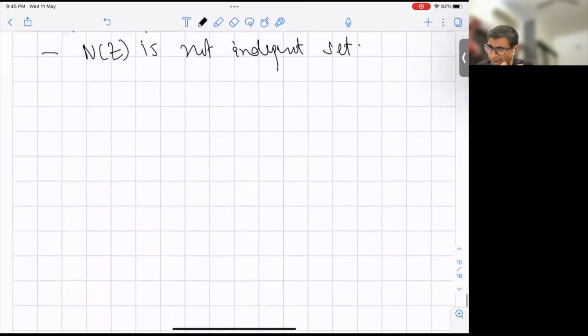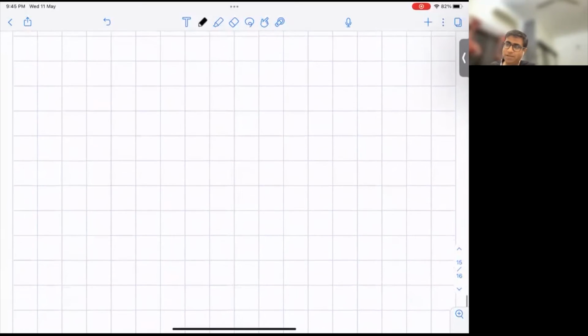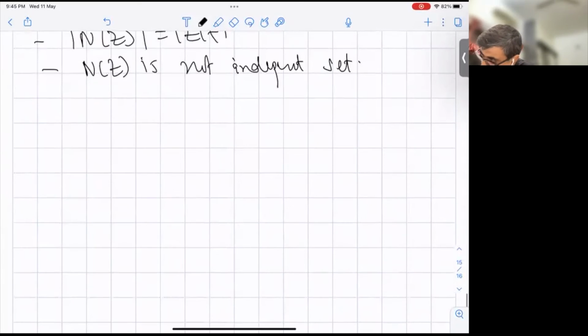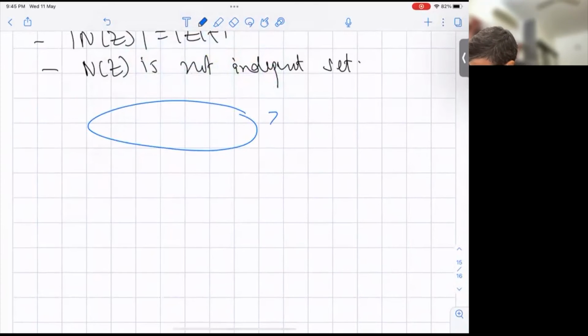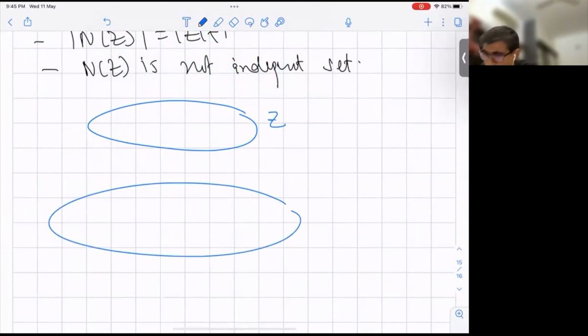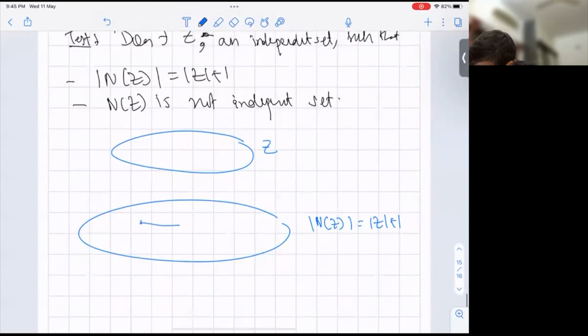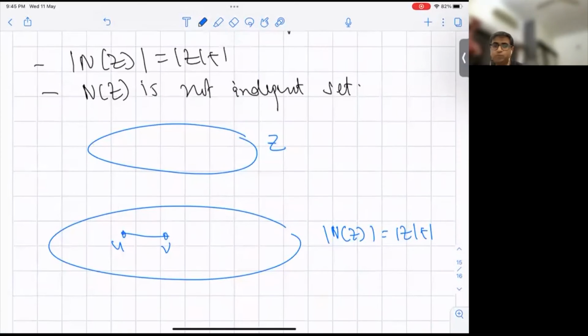I don't think it's very intuitive, so let me tell you what happens. But it's very beautiful. So here's the Z, and here is the neighborhood of Z, which has size |Z| plus 1. Suppose such a set exists.